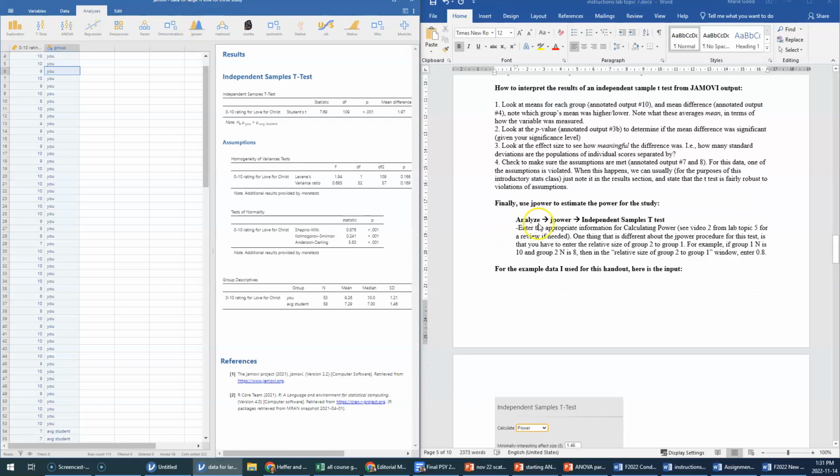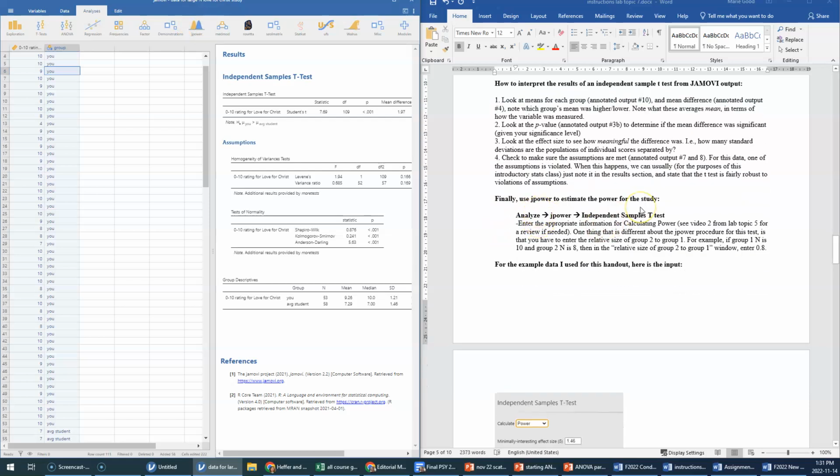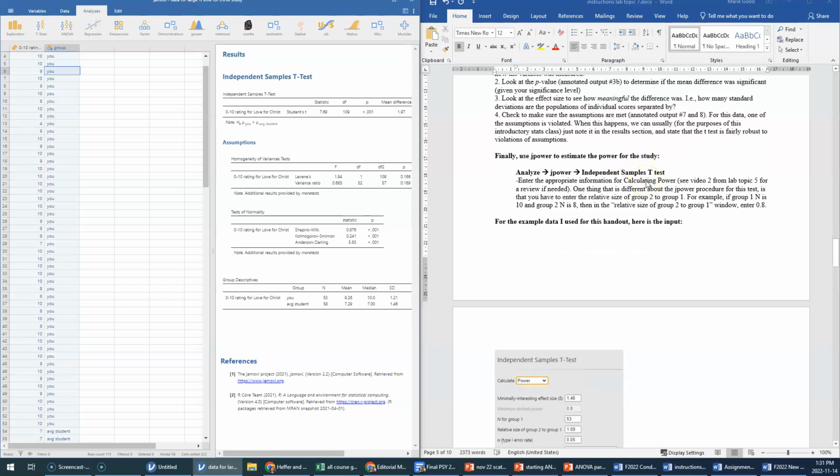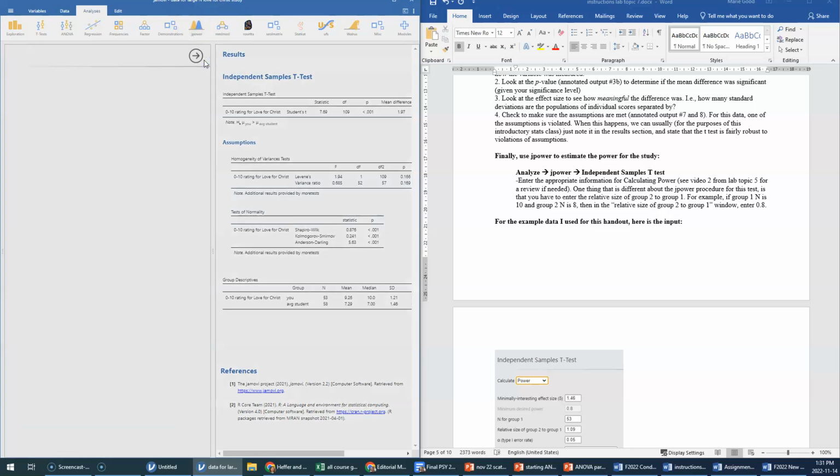This is going to look really similar to what we've done for the other t-tests, but there's one slight complication with the independent means t-test, having to do with the two groups having unequal Ns. So we'll do that. jpower, independent samples t-test.